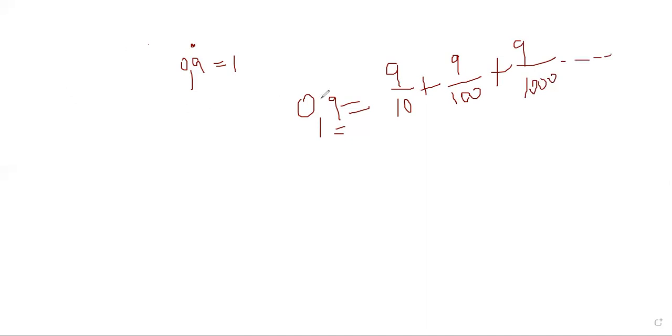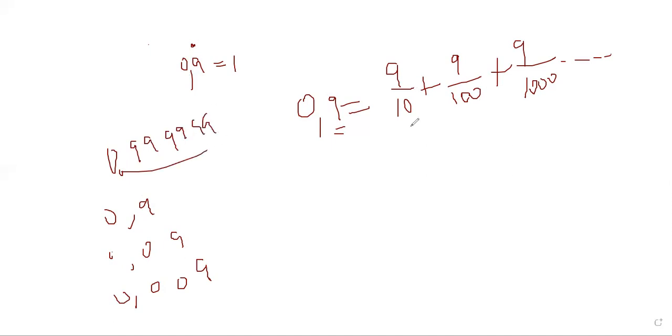Because this one is 0.9, this one is 0.09, the next one is 0.009, and if we add these you see it will give you 0.999. Since the dot means it's repeating, we have more nines. That is why we are adding it like this, so that we make it a series, so that we can show that it is really equal to 1.